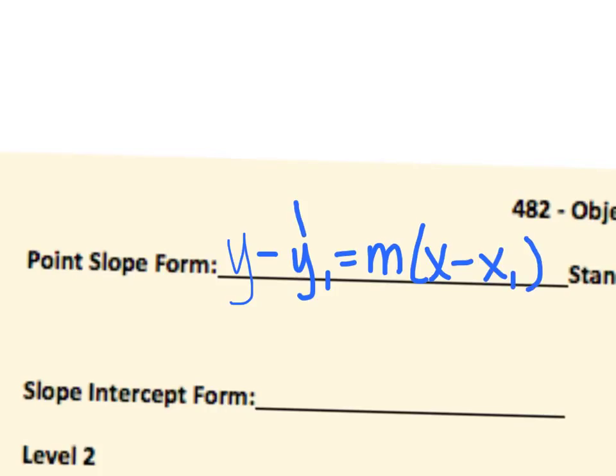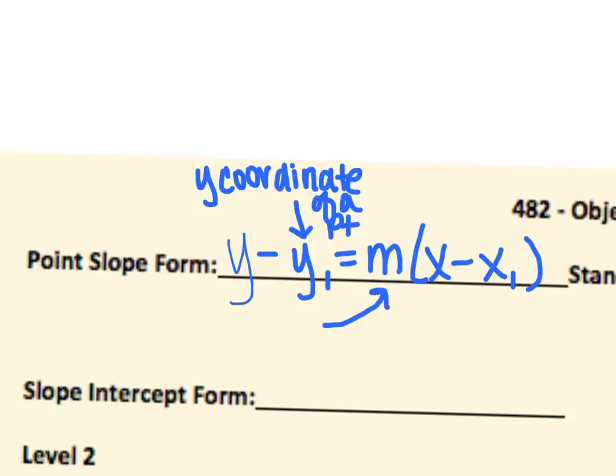Okay, where y1 is the y coordinate of a point. You know that your slope is m.